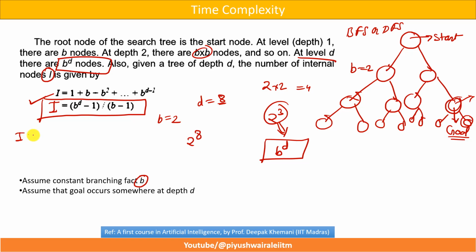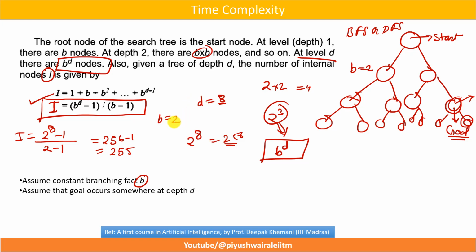Here I will be 2 to the power 8 minus 1 upon 2 minus 1, so it will be 2 to the power 8 minus 1, that is 255, and the last level has 256.